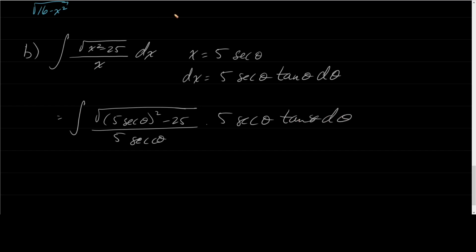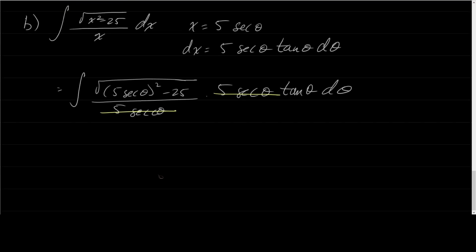And let's cancel some stuff out. 5 secant theta, 5 secant theta, gone. So we still have that tan theta there. So now from there, let's see, what do we have left?